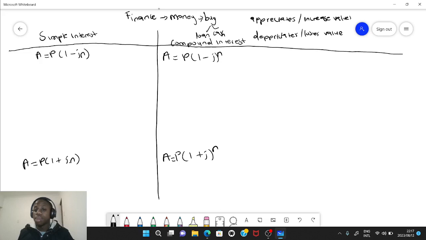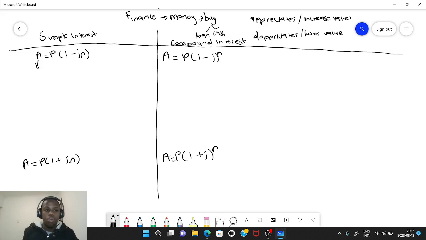So we have these two kinds of equation. I'm going to start with the first one, looking at the simple interest, and looking at these variables, they remain the same. The first thing that we have is this A. What is A?